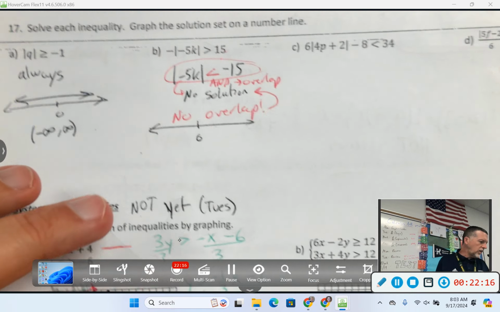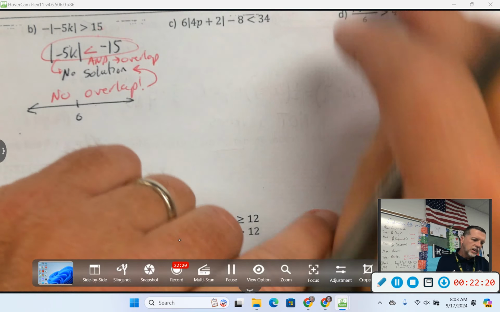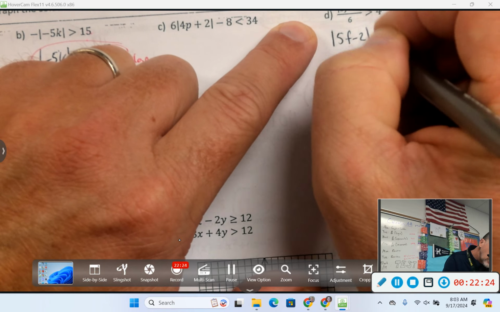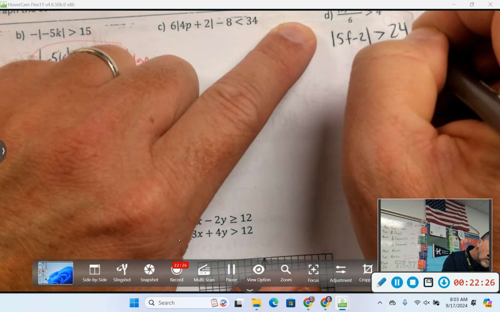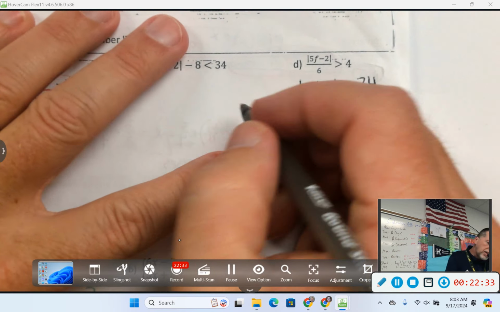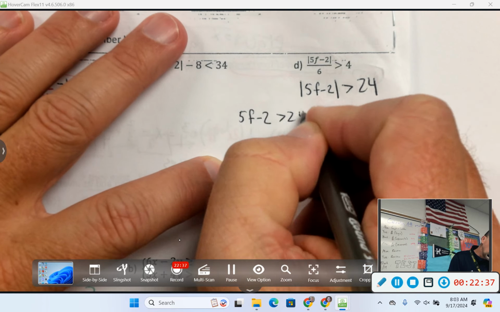All right, you did C yesterday. Let's do D. What would you like to do first on D? Multiply by 6. Definitely multiply by 6. So absolute value of 5f minus 2 greater than 24. Now we go to the split up method. 5f minus 2 greater than 24.